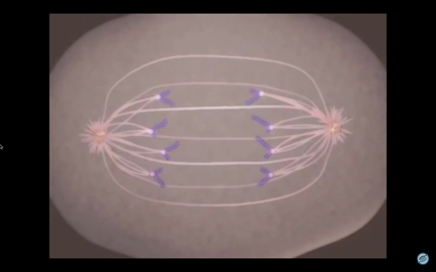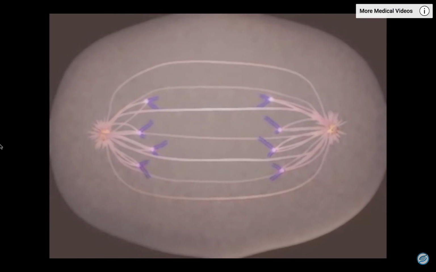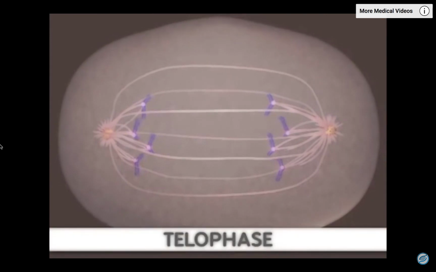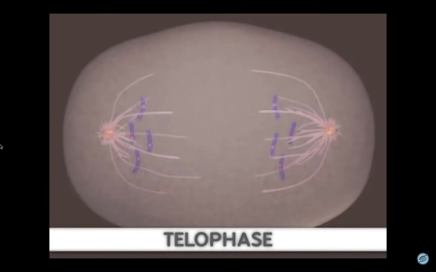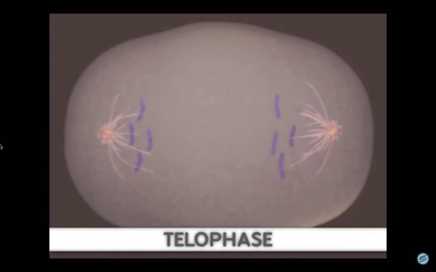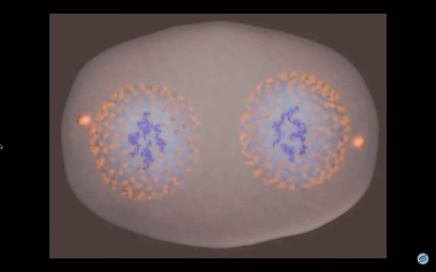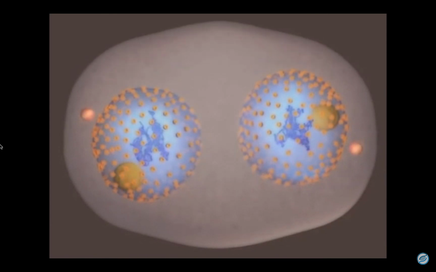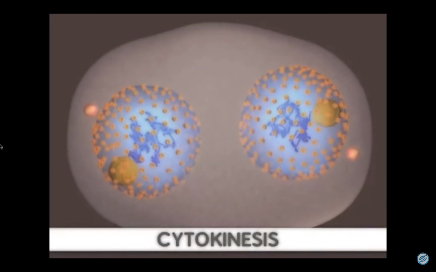Telophase is the final stage of mitosis. It is here the components of the new cells begin to appear. At this point, the spindle fibers are broken up. A new nuclear membrane surrounds the chromosomes at the end of each cell, and the chromosomes uncoil and return to an uncondensed state. Mitosis is now complete. The formation of two cells is all that remains. Following mitosis, the cell undergoes a process called cytokinesis.